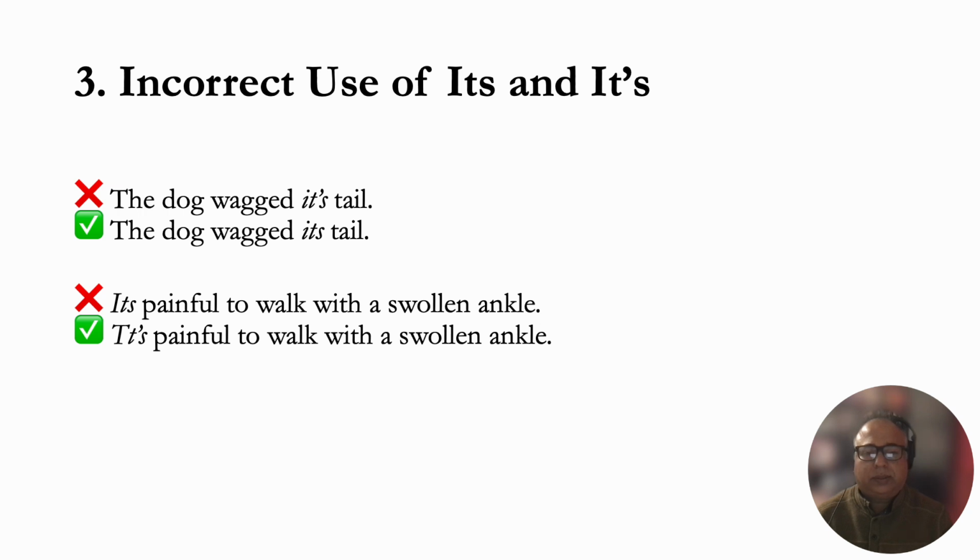Can you tell what is incorrect? You see the apostrophe? Now, if I say the full form, it's going to sound very awkward. The dog wagged it is tail, right? That makes no sense. It's ungrammatical. The correct way is the dog wagged its tail. So 3 down, 22 more to go.